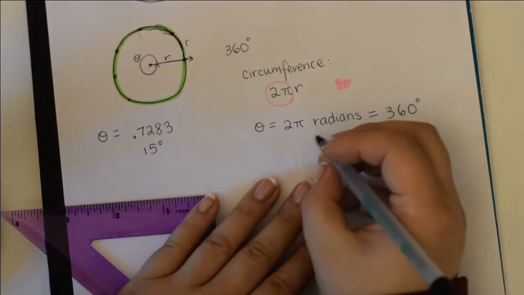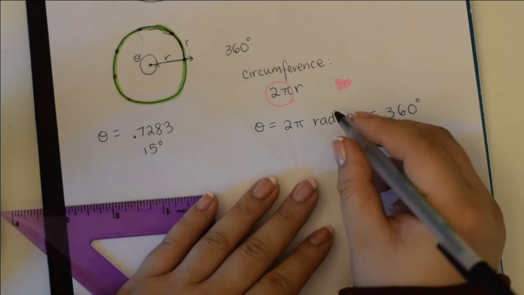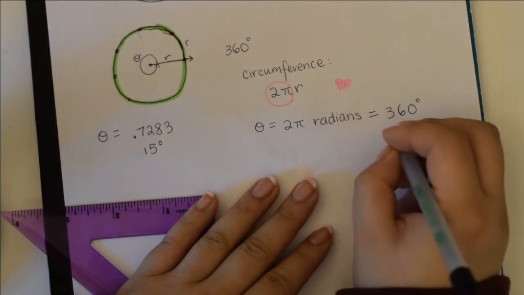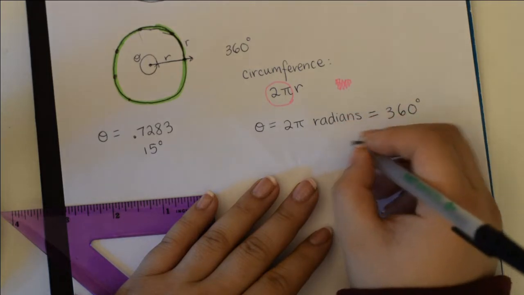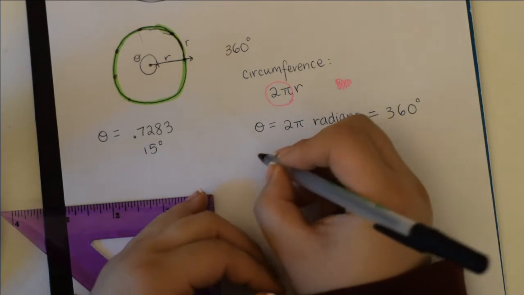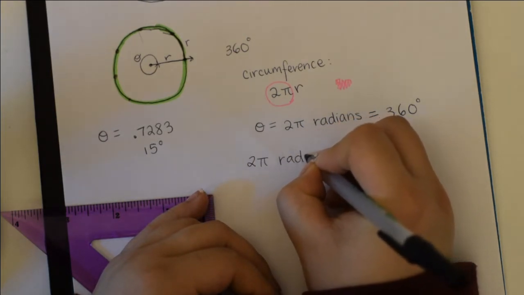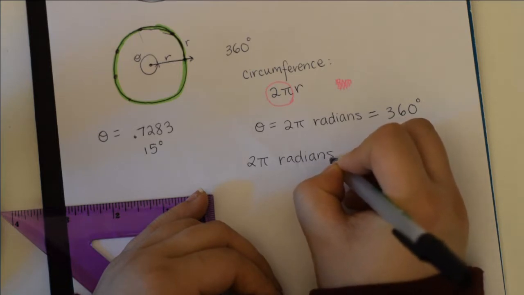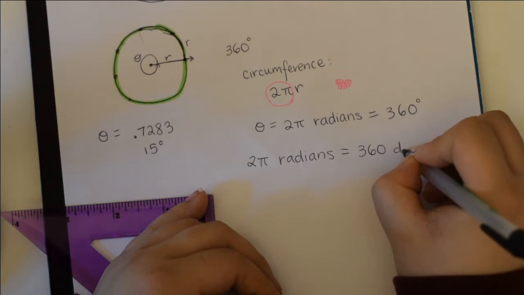So now let's mention how to convert between the two. We've basically already set this up. Let me rewrite this: 2 pi radians is the same as 360 degrees.